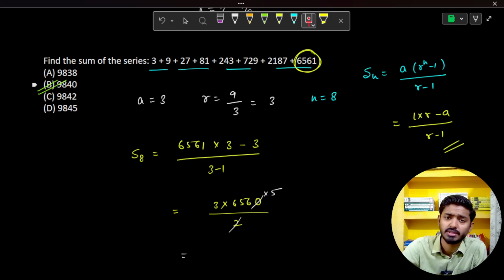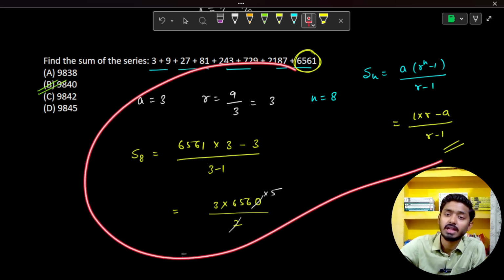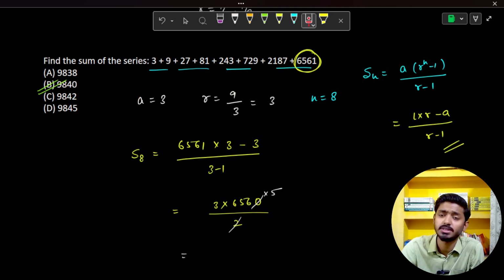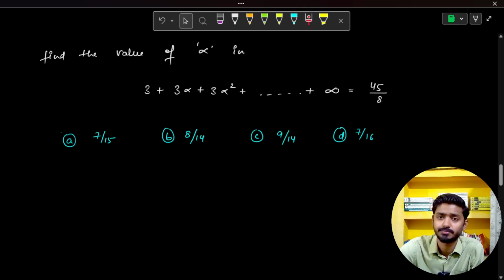This one is anyway divisible by 3, we know that. 14 is not divisible by 3, and 8 is still the remainder. So the only option divisible by 3 is option B. We need not solve this entire thing manually. Most of the time there would be some trick in questions, so please ponder over these things.